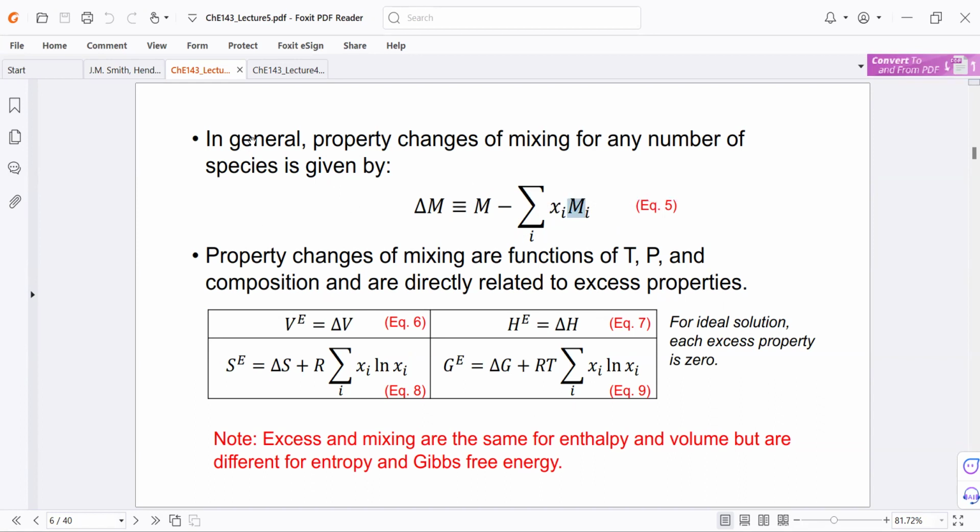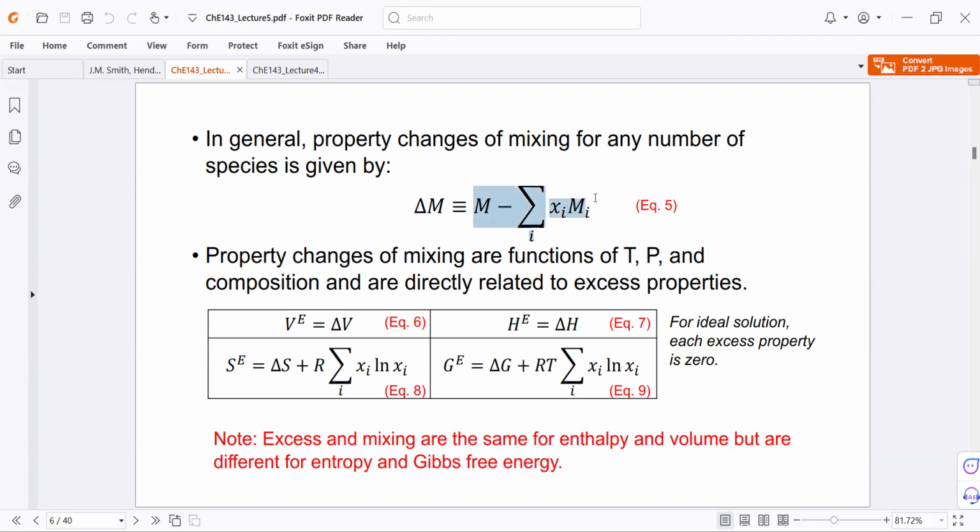All right. So we can write this for the other properties, entropy and Gibbs free energy.